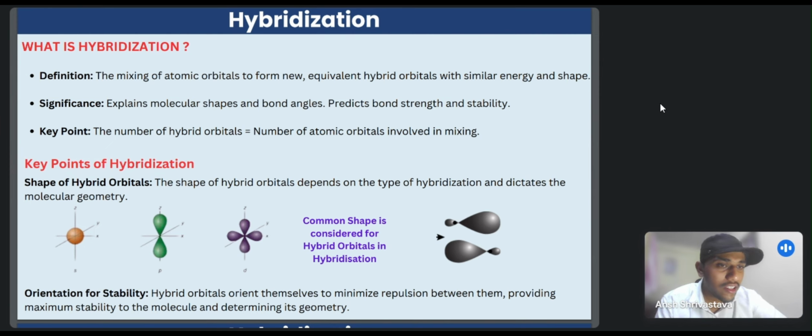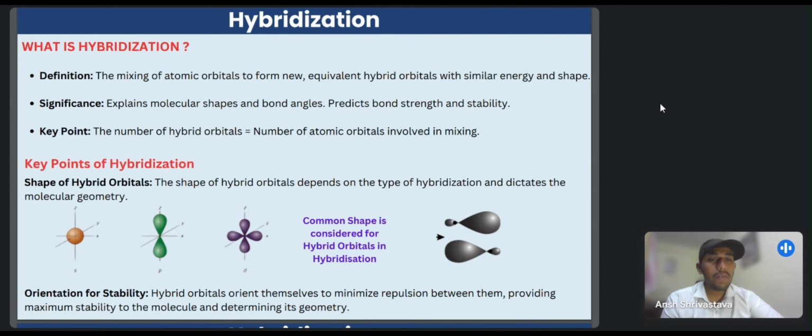Hybridization is very significant for understanding molecular shape, bond angles, etc. The key point to remember here is that the number of hybrid orbitals formed always equals the number of atomic orbitals involved in the mixing. For example, if you combine one s orbital and three p orbitals, they will form four sp3 hybrid orbitals. And this is exactly what happens in CH4.